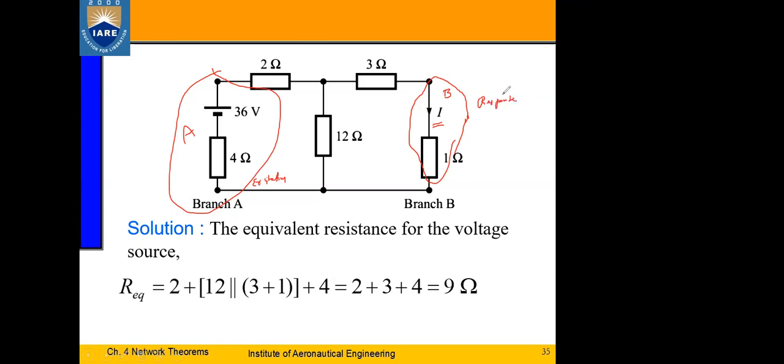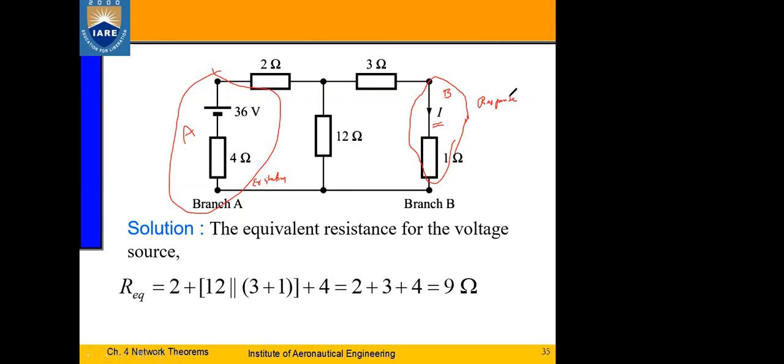So excitation is just like the source, and response is the output. I have a voltage source here, and the response of this voltage source, if I measure here, is the current. Reciprocity theorem states that even if I interchange these two, that is, if the excitation and response are interchanged, then the values remain the same.